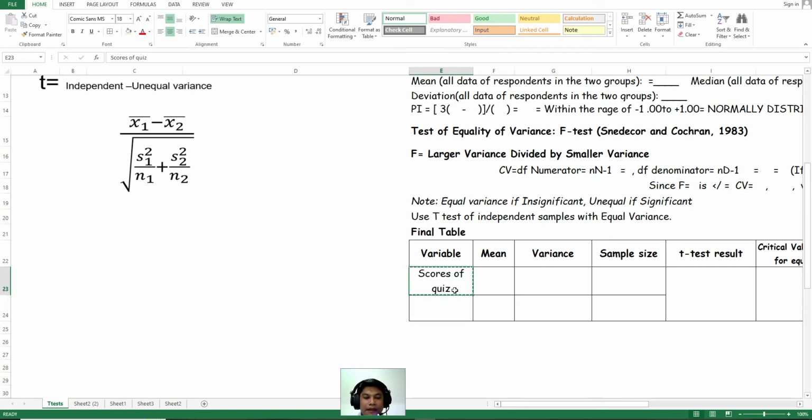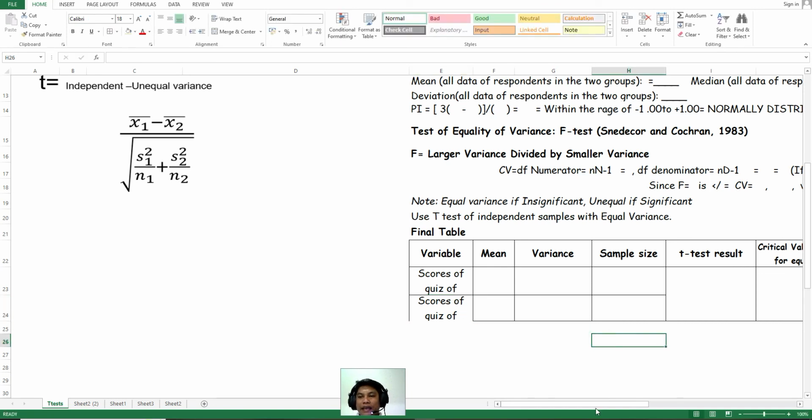You can copy that, or you will just put that as 1 because all the data came from the scores. And then the mean of the first group, scores of quiz of section A or section 1, and then we can also have scores of the quiz of section 2.